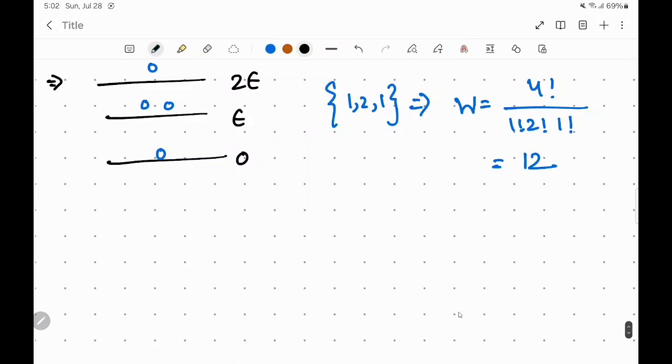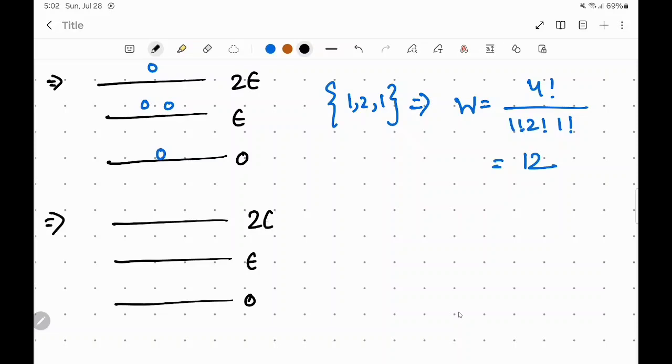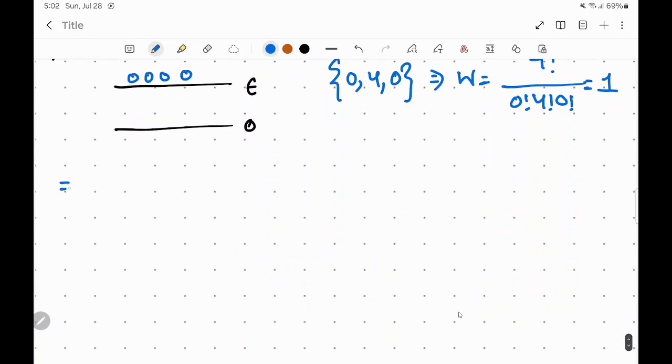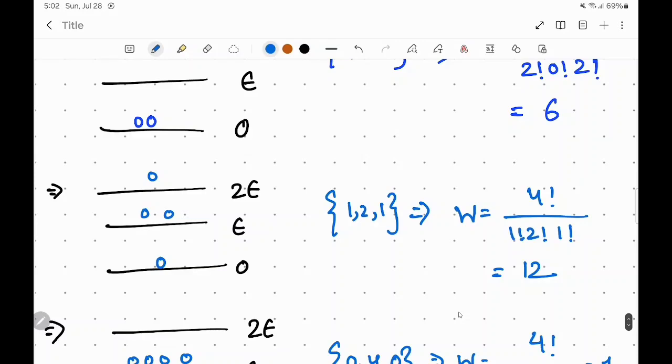And one more probable orientation is there, that is all particles are here. So 0, 4, 0. So it will be essentially 1. The total number of W is 1, 12, 6. This is the total number of ways or arrangements. So now this is our most probable arrangement.